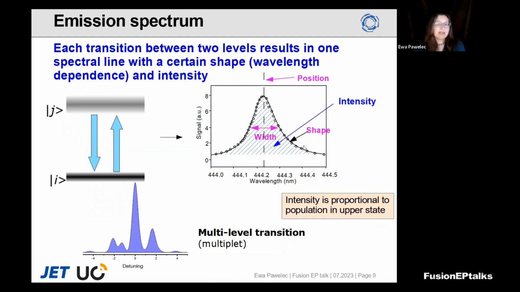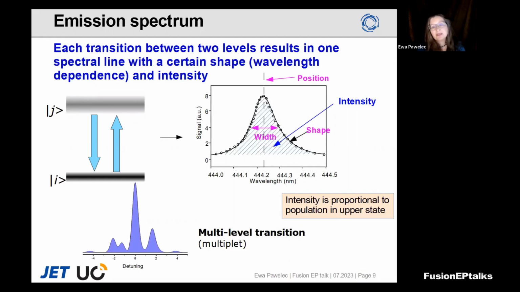Well, let's begin with the beginning. If we have an emitter and it has an upper level and a lower level of any kind, and we have electrons that can go up or down, we can generate light.